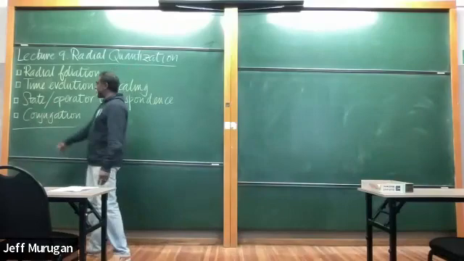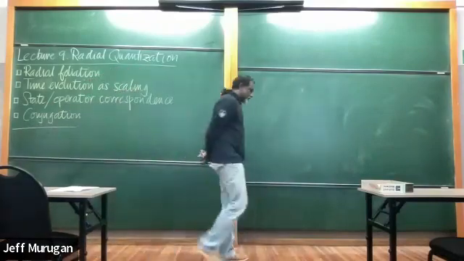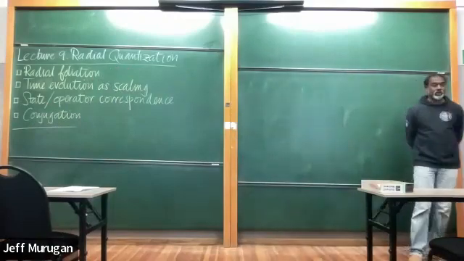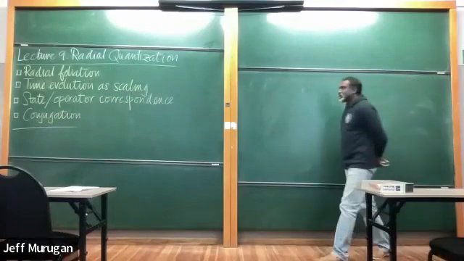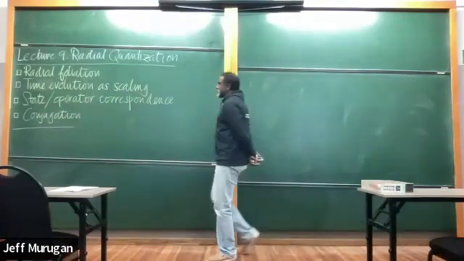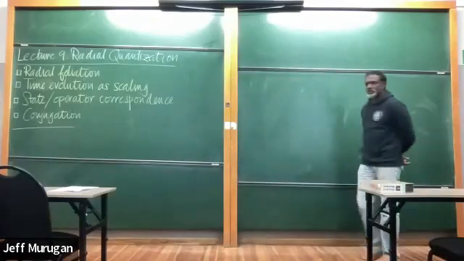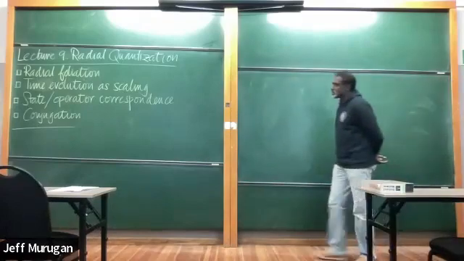And then we will conclude the section with some observations about an important operation, that of propagation. In other words, taking daggers of things, which is pretty straightforward in equal time quantization, but is a little bit tricky in the context of radial quantization.